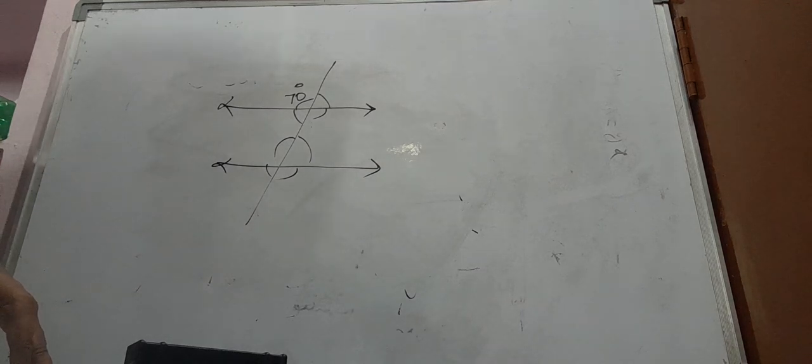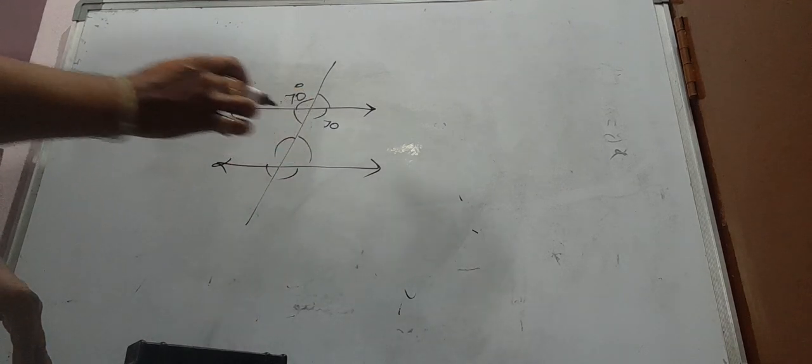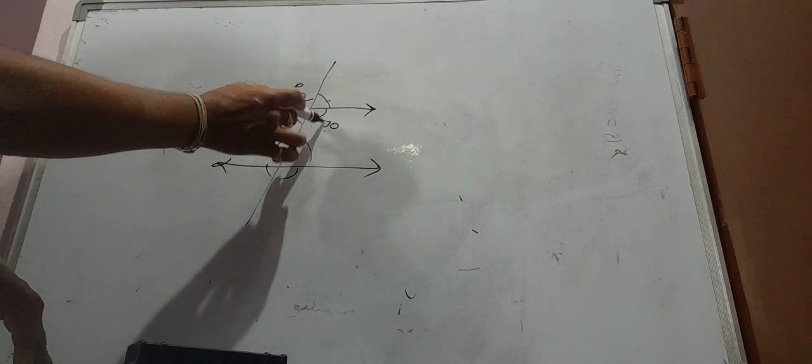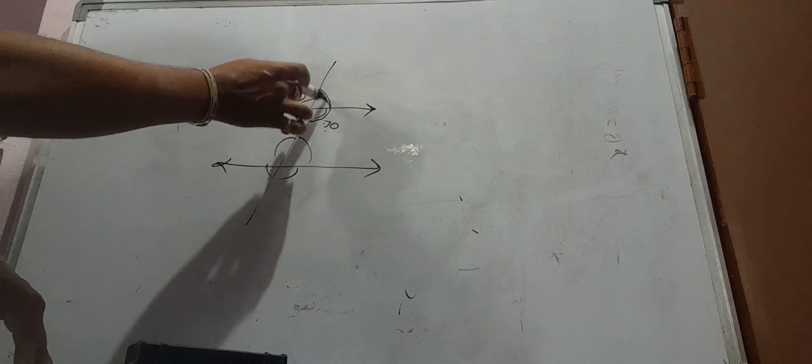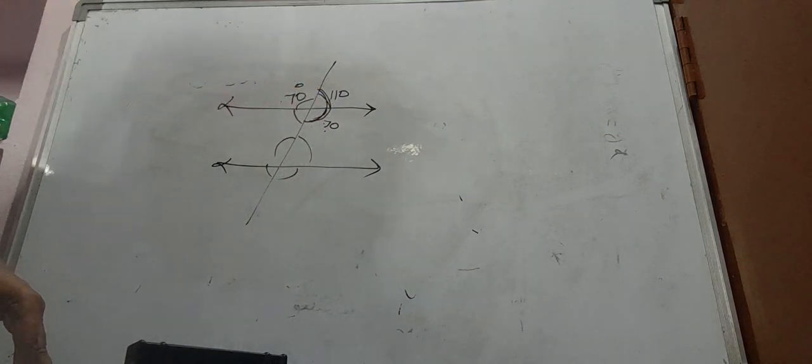So already we know that vertically opposite angles are equal. So here is 70, means here also 70. And these two are a linear pair. Linear pair means the sum of these two angles is 180. So 70 plus 110 is 180. Here we will write 110.